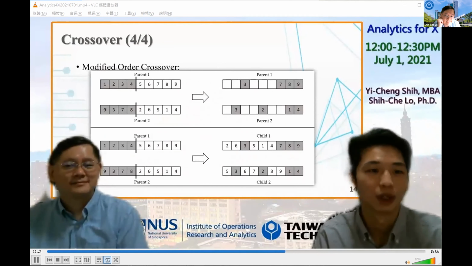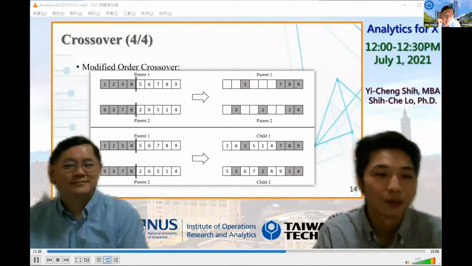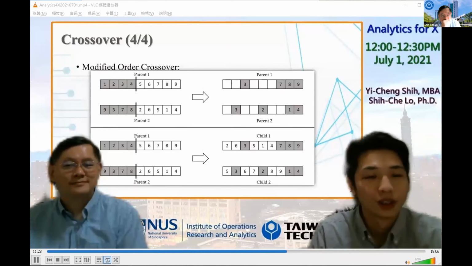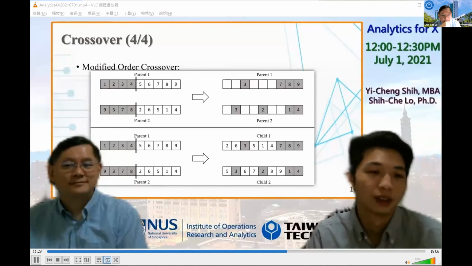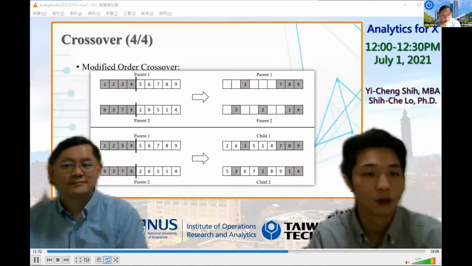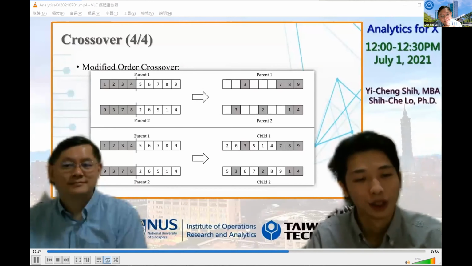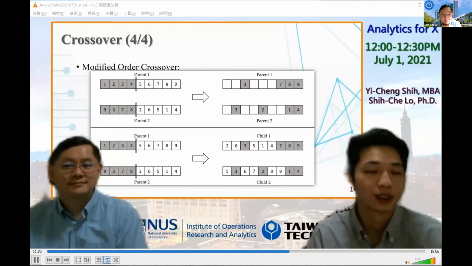And the last one is modified order crossover. Modified order crossover will first choose a split point for the sequence and separate the sequence into gray part and white part.